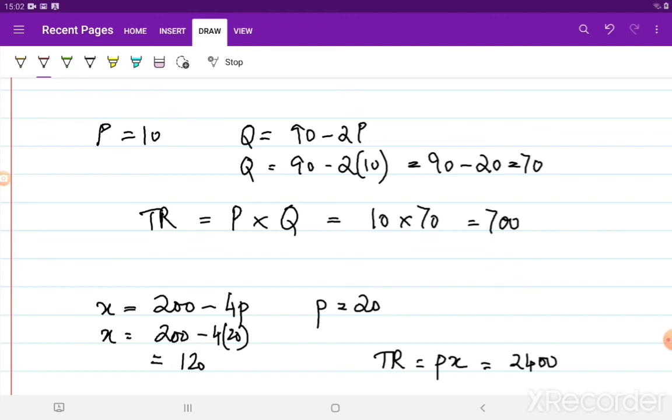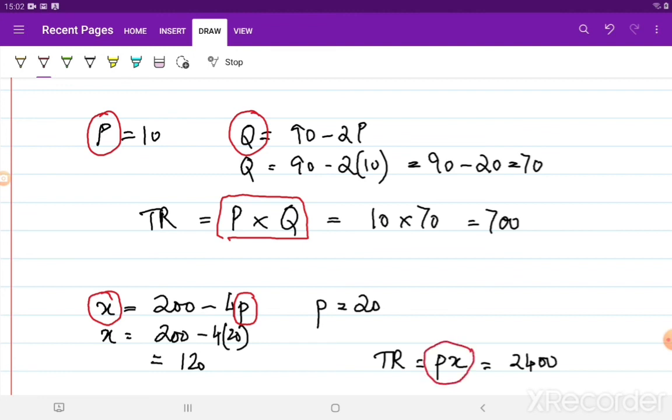Now, see, in the earlier question, price was capital P, quantity was capital Q. So I have remained consistent with my notation throughout the solving, right? And in the second question, quantity is not Q, it is X. Price is not capital P, it is small p. So remain consistent with the symbols.